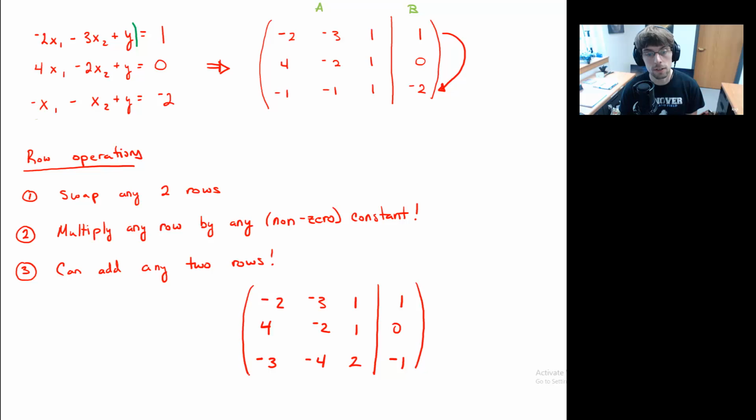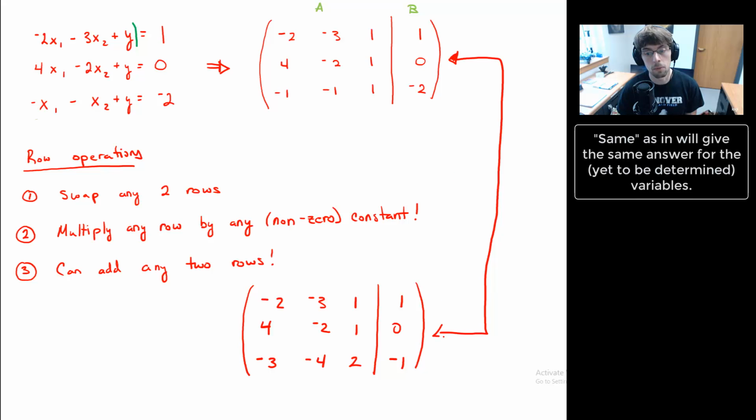Now, although it looks different on the surface, this matrix that I've written is exactly the same as this top matrix. And what I mean by exactly the same is it will give us the exact same values. I haven't changed anything.